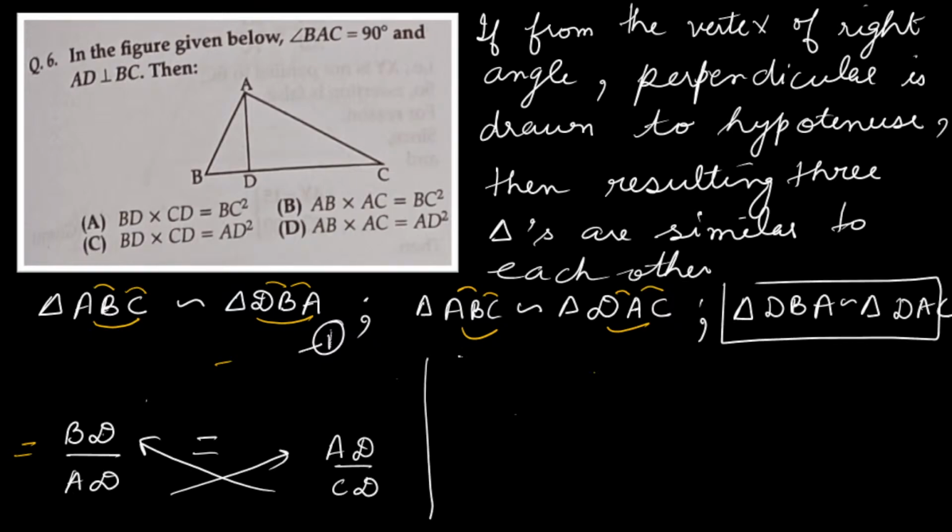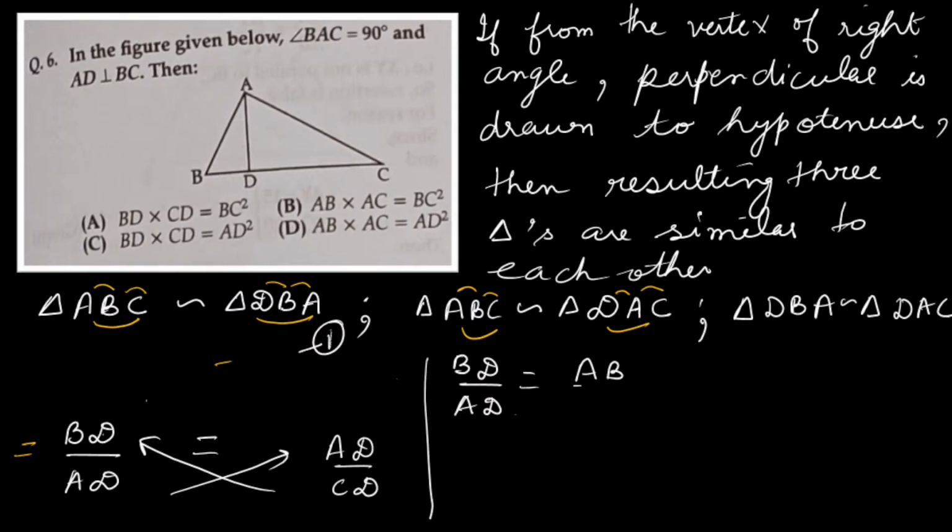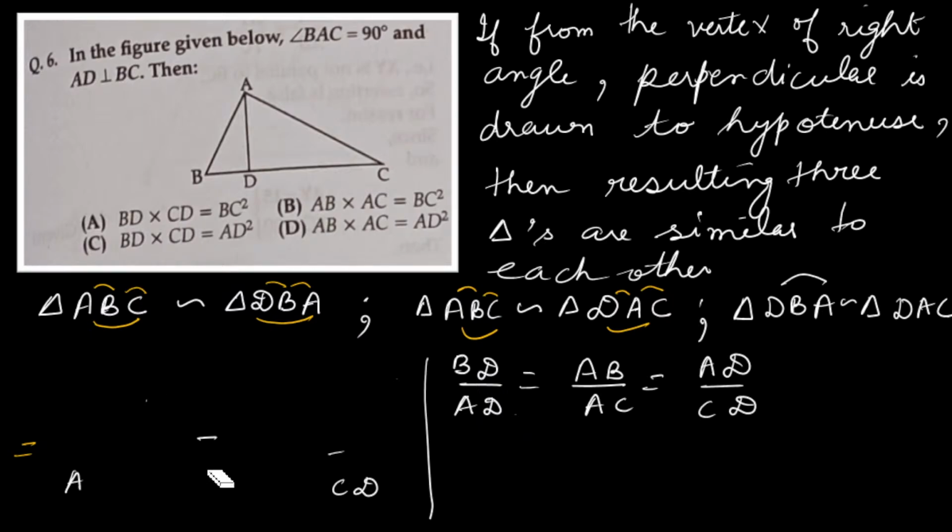So third one is BD by AD, then AB by AC equals AD by CD, the same thing I wrote earlier. Yes, in the third one also the same thing. Earlier I wrote it wrong by mistake.